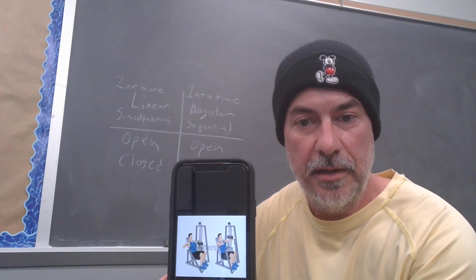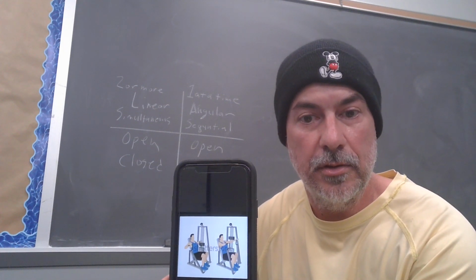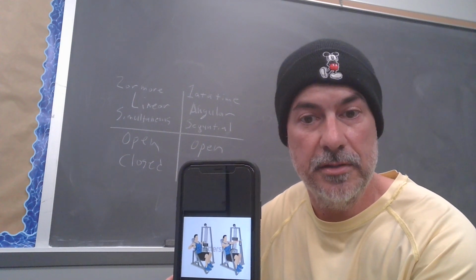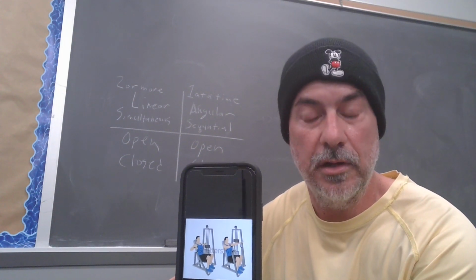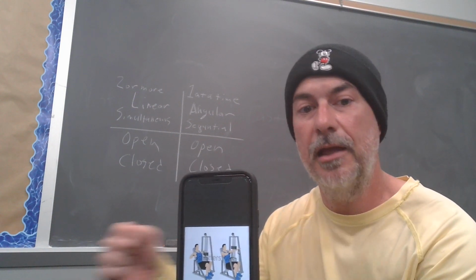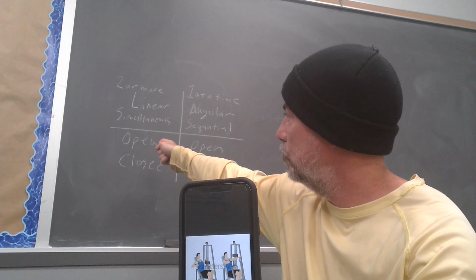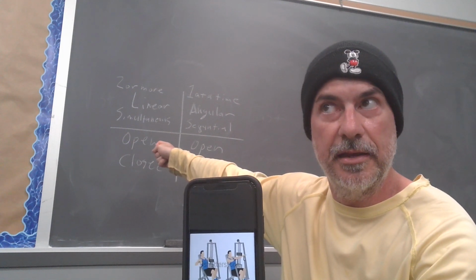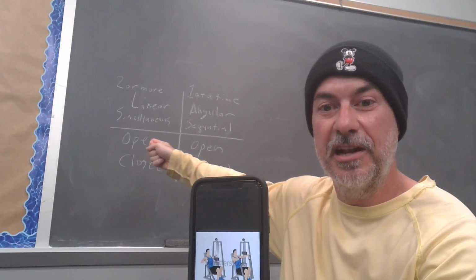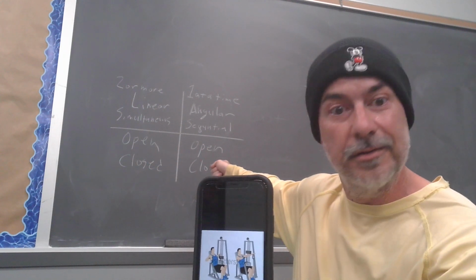Notice, if your hands go out, you're moving elbows and shoulders. Your hands come closer in, you're moving elbows and shoulders. The machine allows you to move just like a dumbbell chest press, but the machine doesn't allow you to move all the way like a dumbbell chest press.